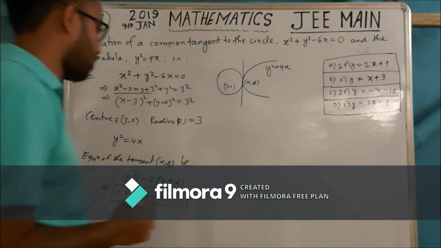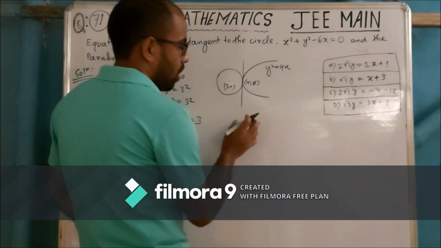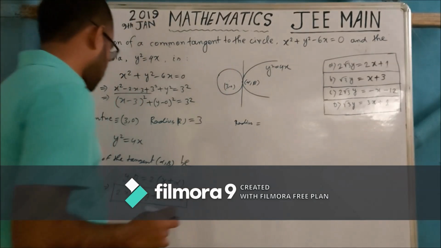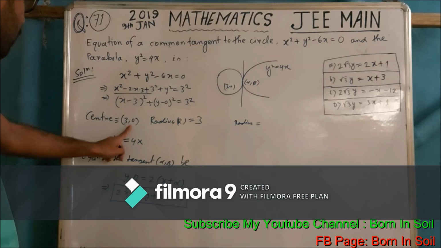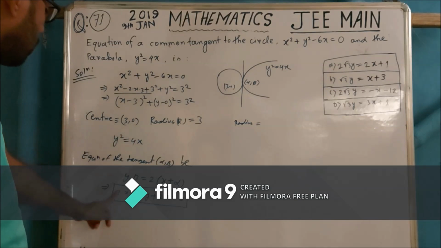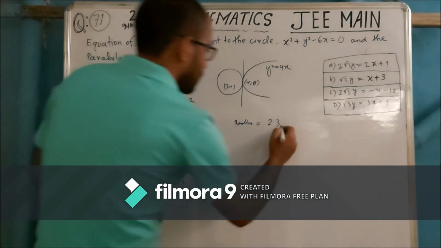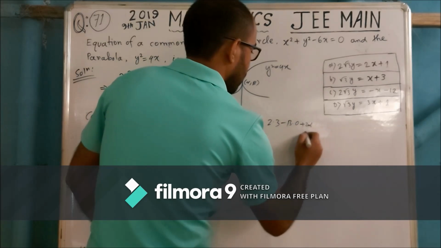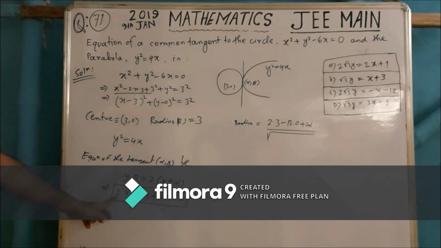Next, we know the radius of the circle is equal to the perpendicular distance from the center to the line. This is the line of the tangent. So for the point (3, 0): the modulus of 2 into 3 minus beta into 0 plus 2 alpha, divided by root under the sum of squares of the coefficients, that means 2 square equal to 4, and the coefficient of y, minus beta, that means beta square.